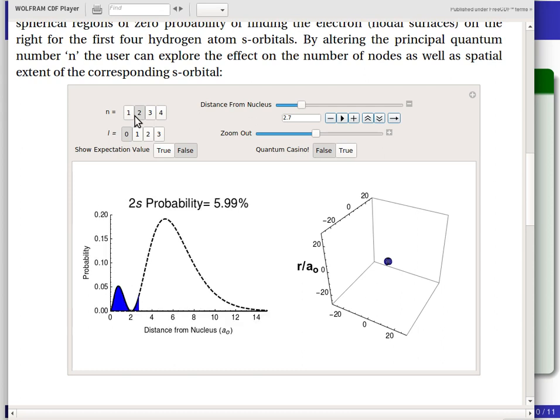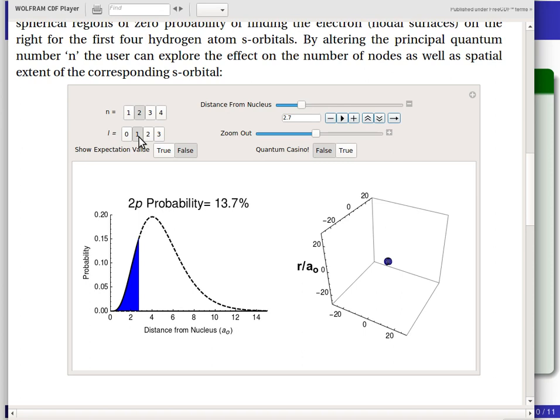All right, so if we go back here, we can do the same sort of thing looking at different types of orbitals, and we'll see that each one of these orbitals has its own corresponding radial distribution function, and hence the same sort of concept of size or region of high probability of finding the electron.